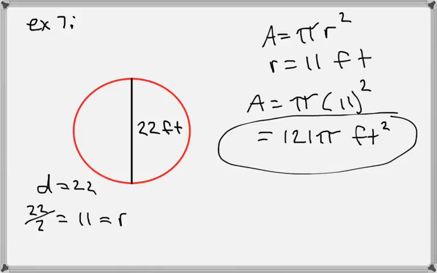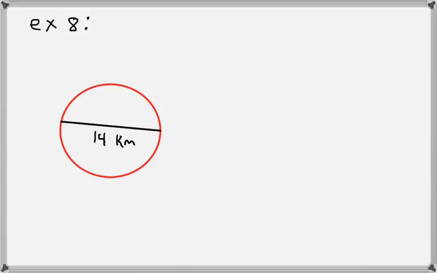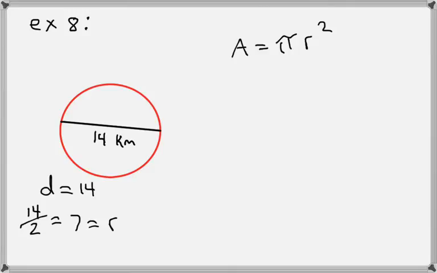Let's look at one final example. Here we have a circle with a diameter of 14. If the diameter is 14, you take that 14 and divide by 2 to get 7, and that is your radius. So we can plug into our formula. Area is pi times the radius squared, and our radius is equal to 7 kilometers.